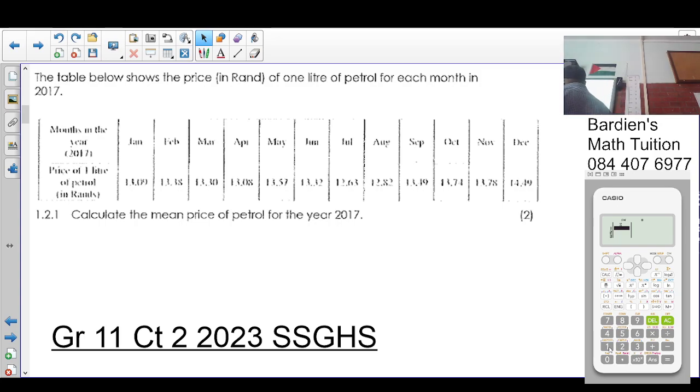Can somebody read out those values there for me, please? 13.09, 13.38, 13.30, 13.08, 13.57, 13.32, 12.63, 12.82, 13.49.